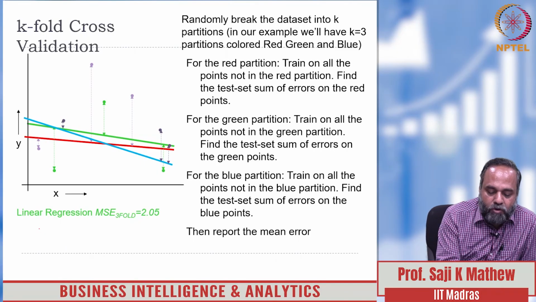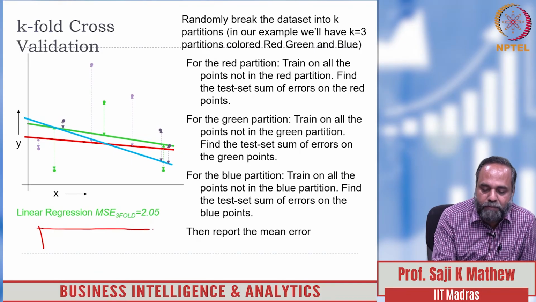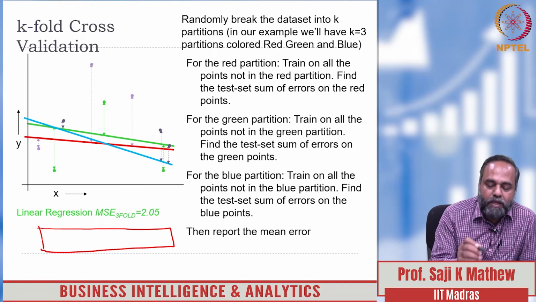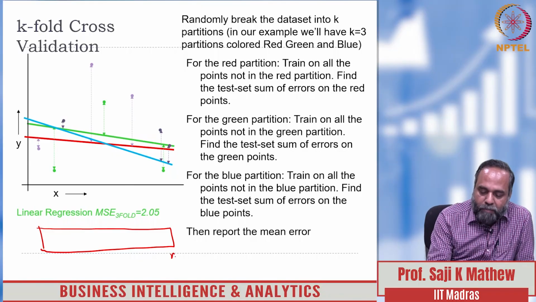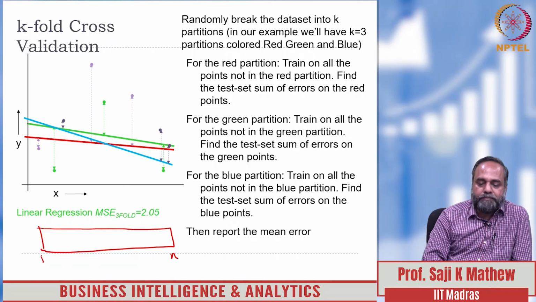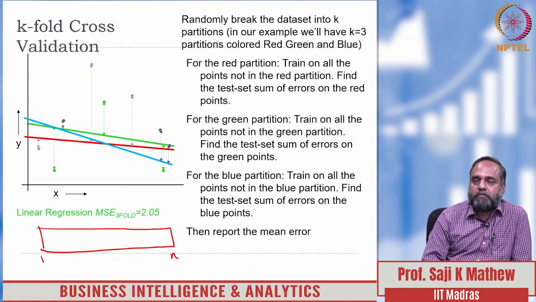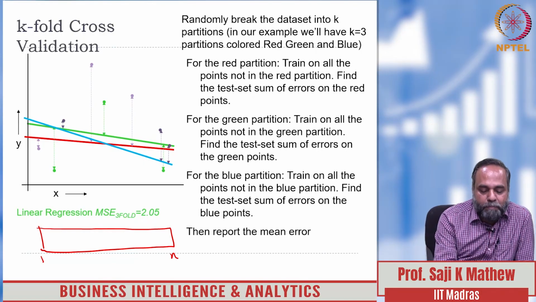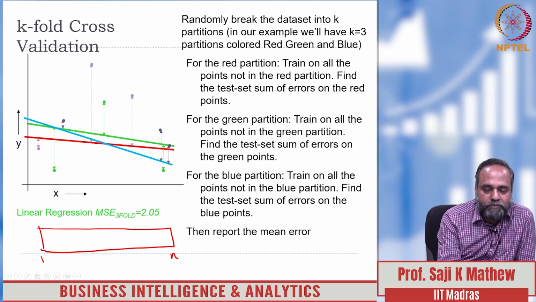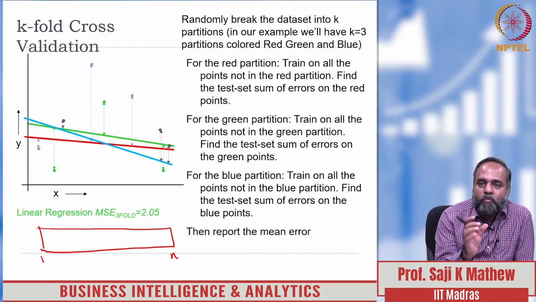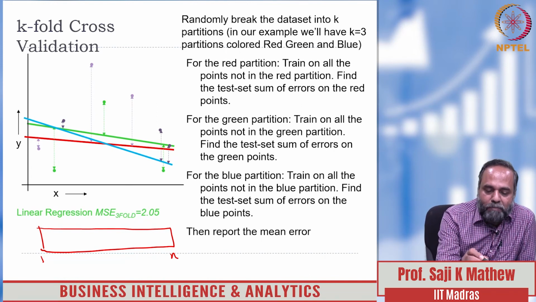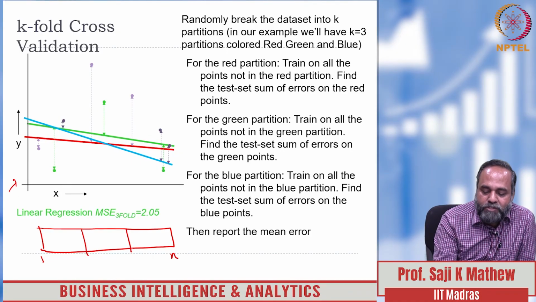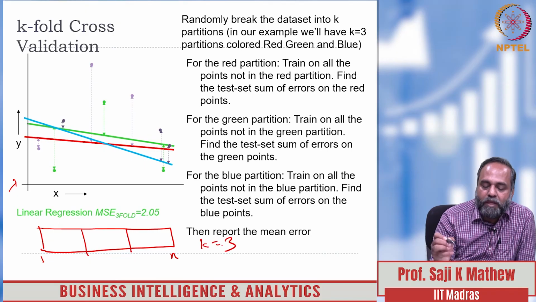K-fold cross validation is easy to understand. Again, your number of data points is n. Instead of picking the first data point and leaving it out, as in leave one out cross validation, you do this fold-wise, not single data point-wise. For example, in the graph shown, you divide the data into 3 folds, so k equals 3.